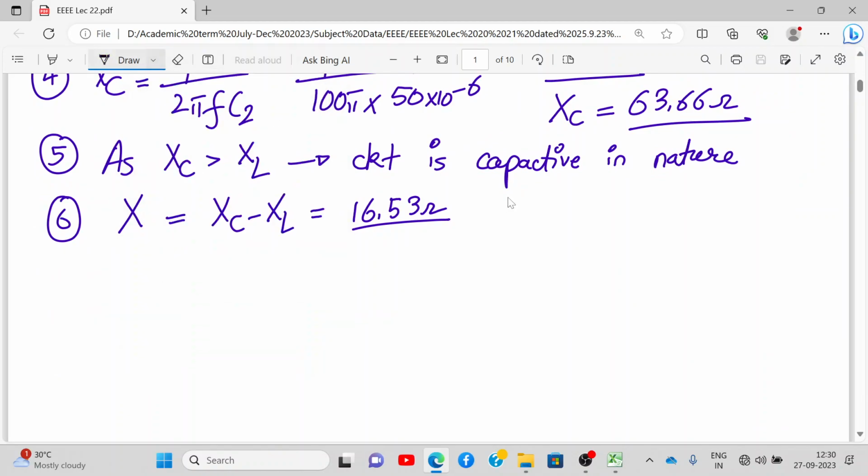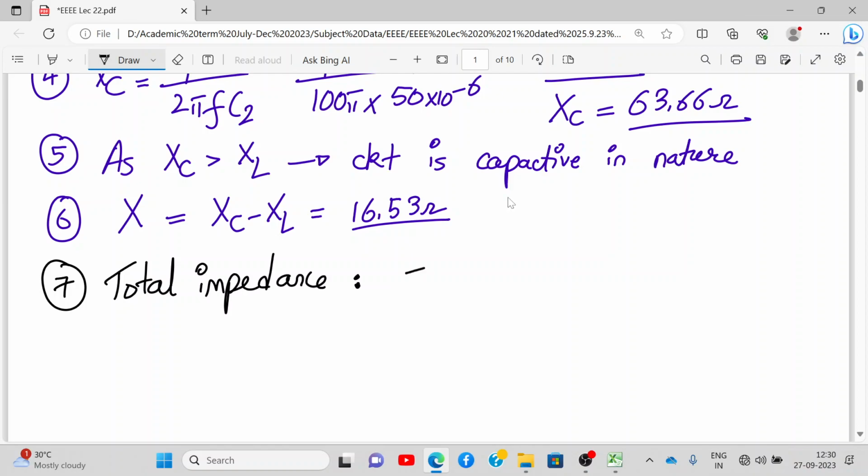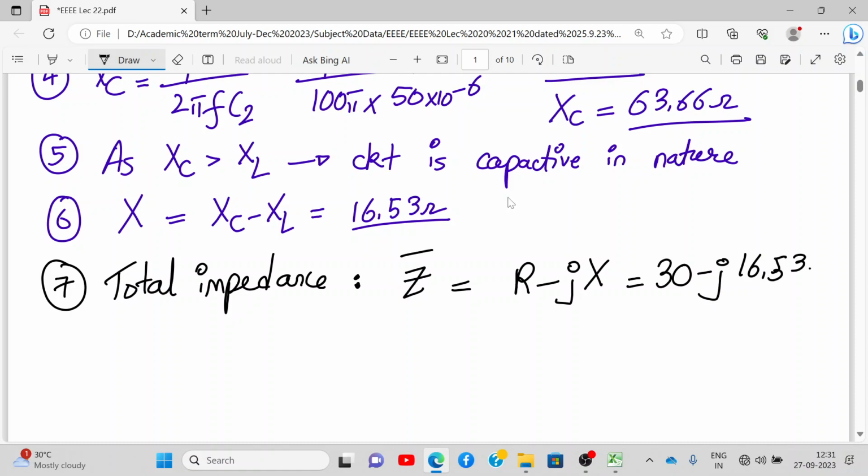Now you all tell me what will be the total impedance. The circuit is capacitive, right? Can I represent impedance in rectangular form? So Z bar will be R plus or minus jX. I mean XC minus XL, but I've written it as X. R is total R, not R1 and R2. So how much is that? 30, right? 30 minus j16.53.